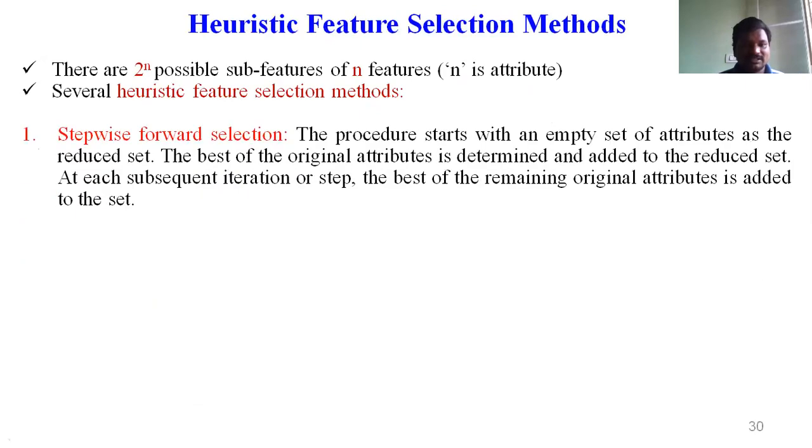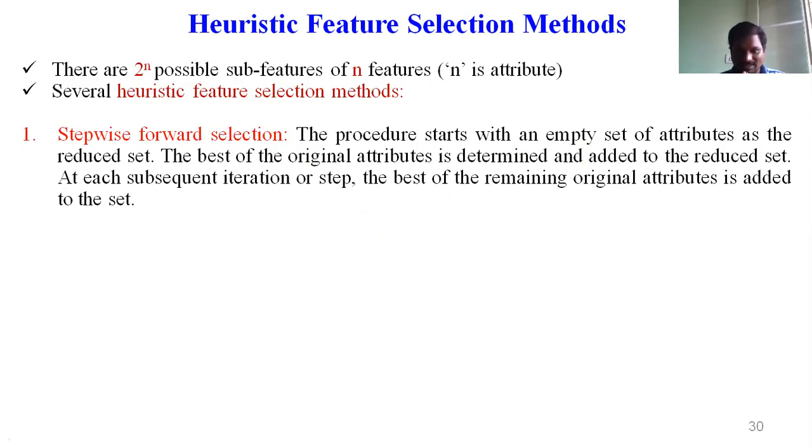Now the stepwise forward selection method. How do you perform stepwise forward selection? This procedure starts with an empty set of attributes, and then it identifies the best attribute among the different attributes and adds it to the reduced set. At each subsequent iteration step, the best of the remaining attributes is added to the set.